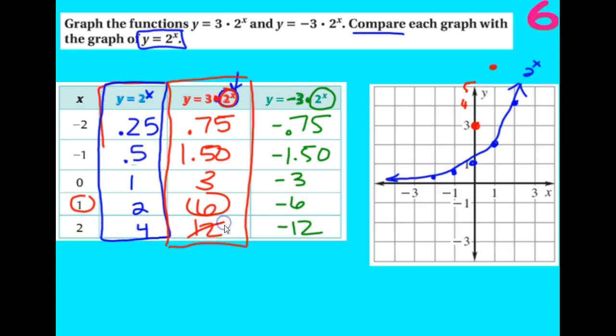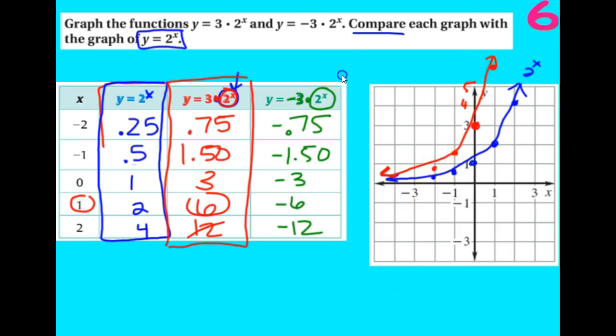So I can't even plot 12. But at -1, I'm at 1.5. And then at -2, I'm at 0.75. Oh, this is not a very good line. Try and draw a nice curve there. It should be the same exact curve, just up a little bit.